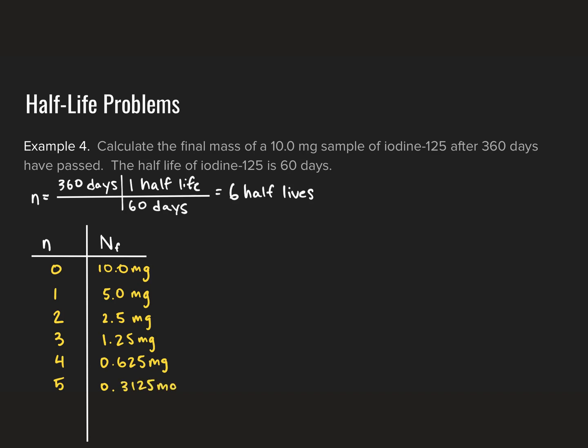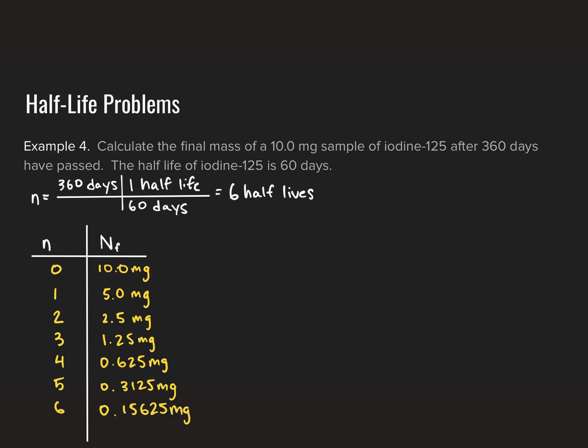And last but not least, the final one brings me down to my final amount after 6 half-lives of 0.15625 milligrams remaining. And excuse me, I misspoke earlier. Those units should be in milligrams rather than in grams.